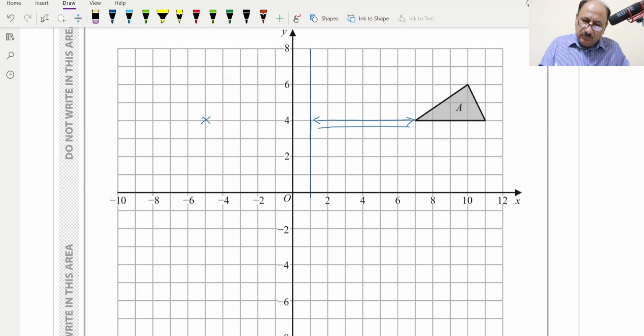I'm just removing these extra arrows which I have drawn for your explanation, and next is 1 2 3 4 units, and this will be the mark. And next is over here, and this will be our triangle B, which we can easily draw over here. We have to label it B. Don't forget to label this.